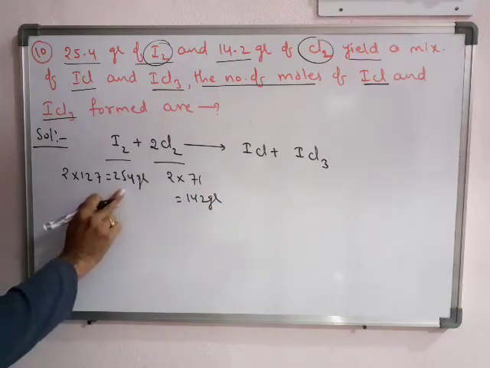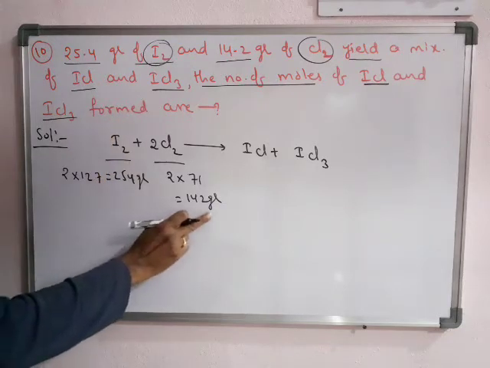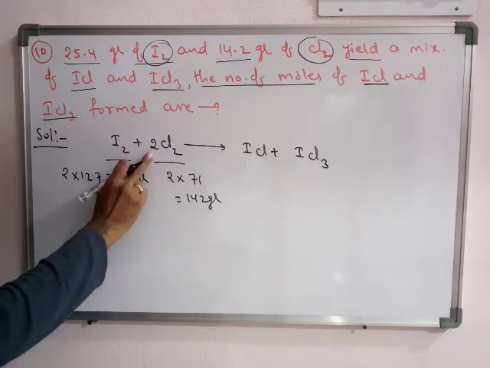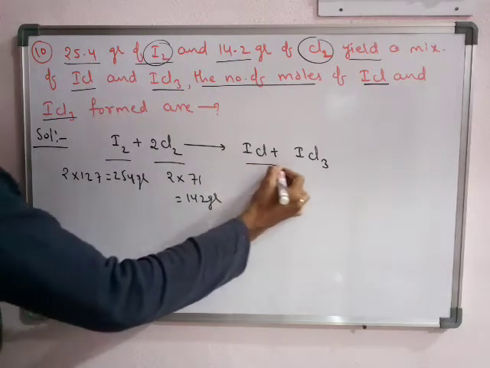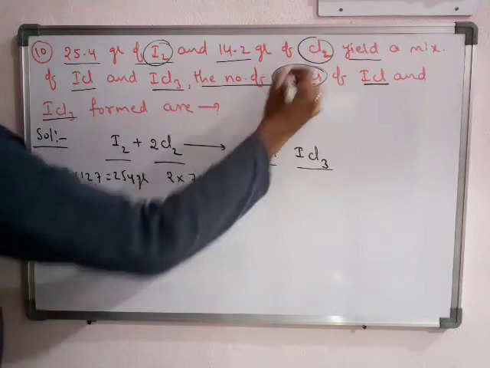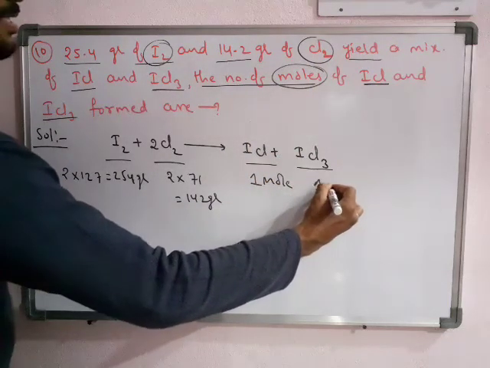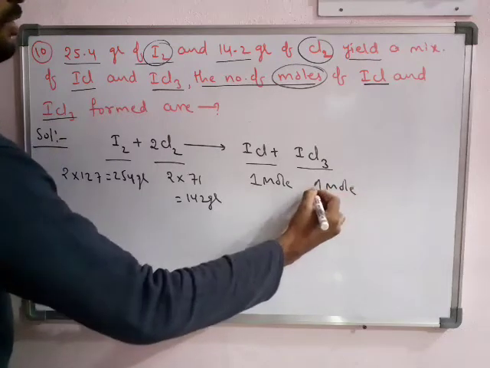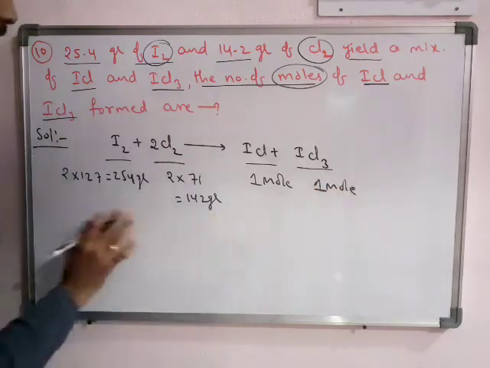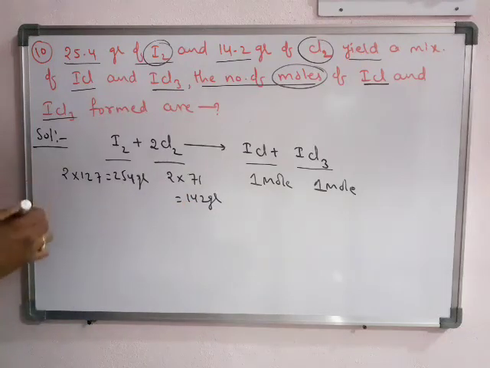So 254 grams of iodine react with 142 grams of chlorine. The question is asked in terms of moles, so 1 mole of ICl and 1 mole of ICl3 are formed when these amounts are reacted.